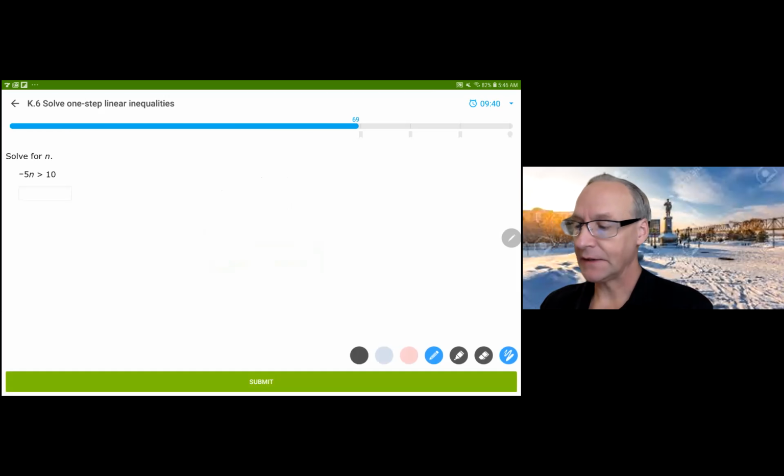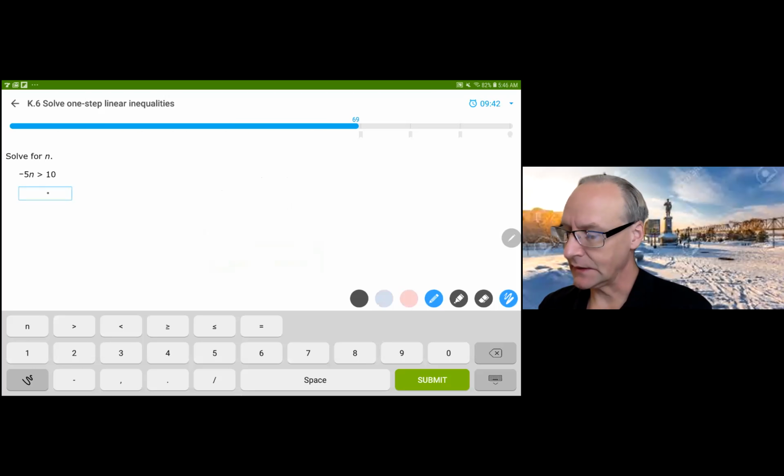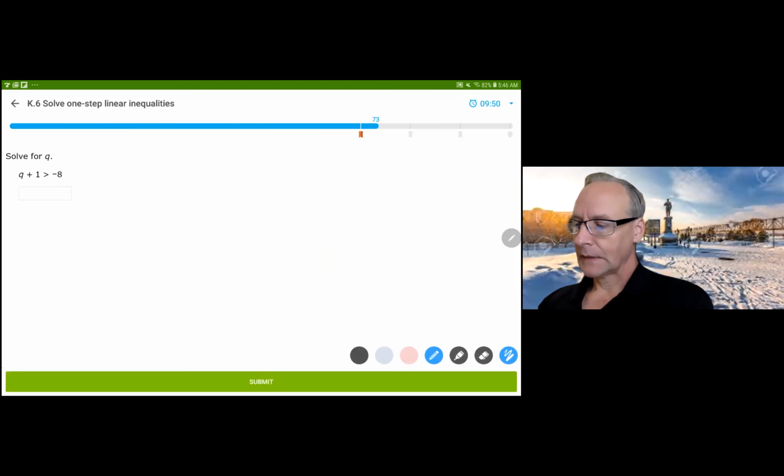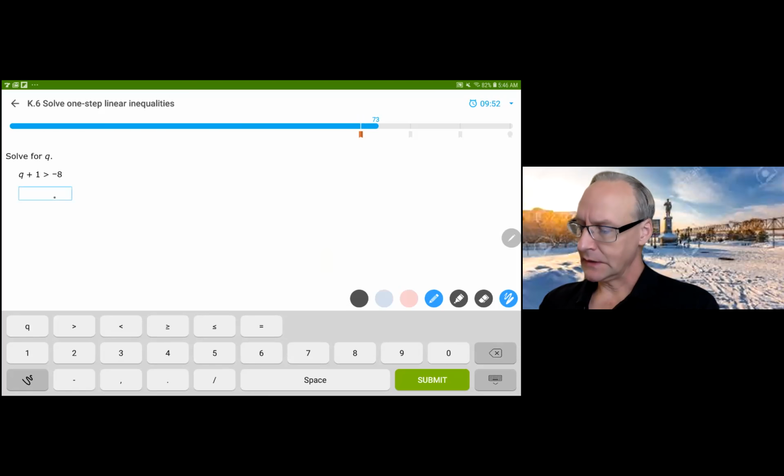I'm going to divide by -5, and I'm going to change the sign. N has to be less than -2. I'm going to subtract 1 or add a -1, same thing. Q is greater than -9.